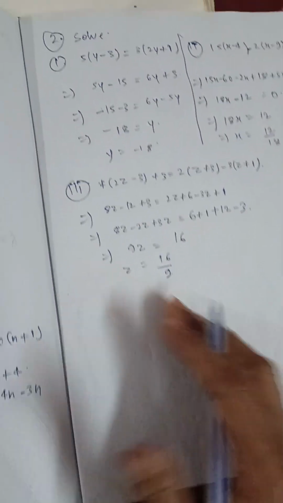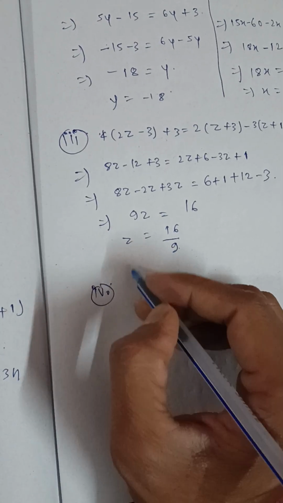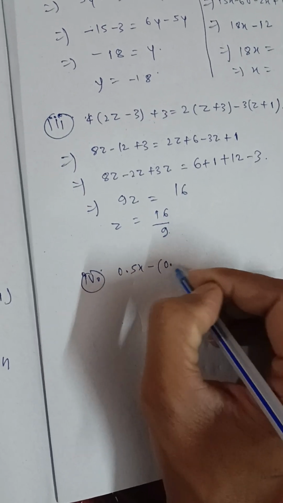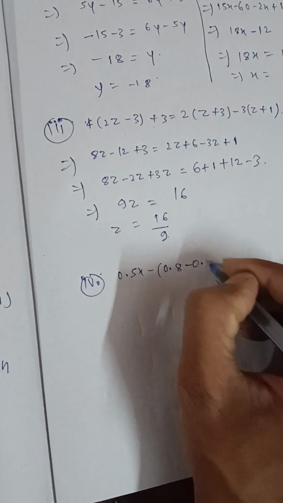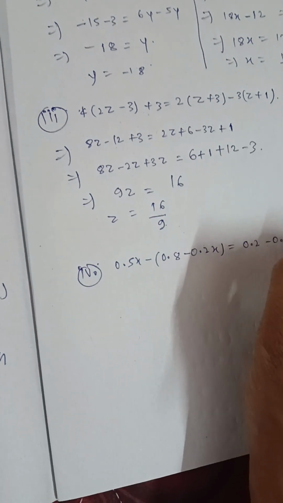And fourth question is 0.5x minus 0.8 minus 0.2x equals 0.2 minus 0.3x.